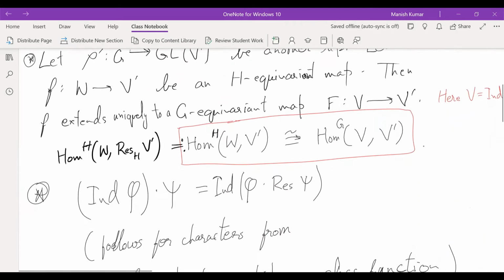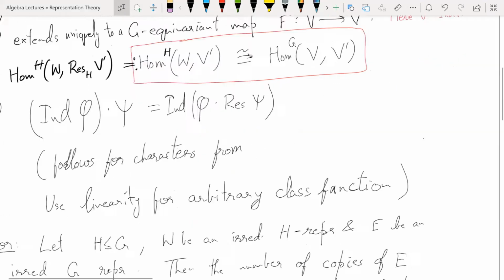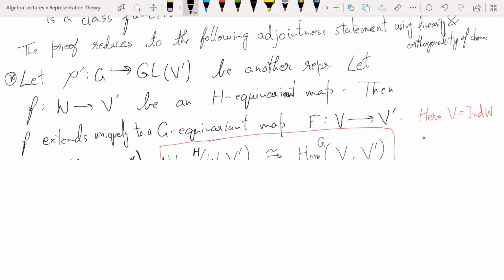There is another formula which we did, which I didn't explicitly talk about, but we have seen it for characters or for representations: Ind phi dot psi is the same as Ind of phi dot Res psi. Here dot is multiplication. These are class functions, so you can multiply, like characters we multiply.